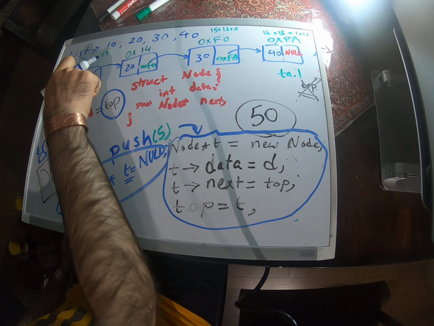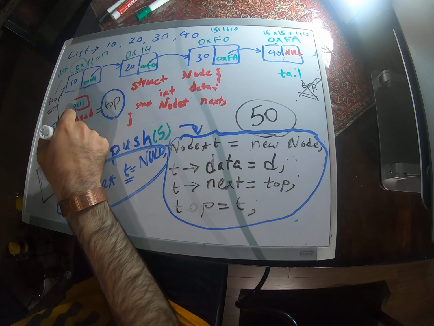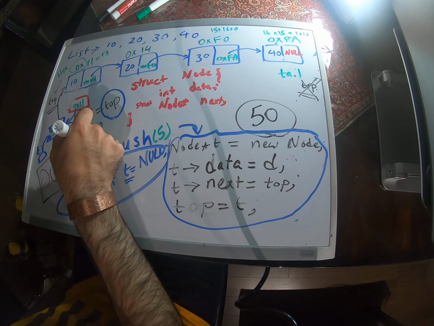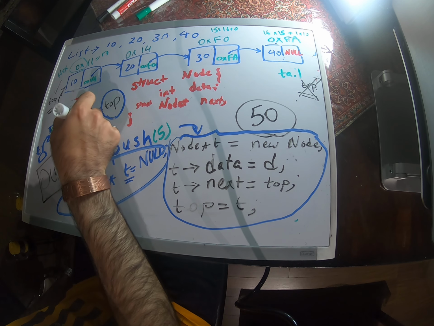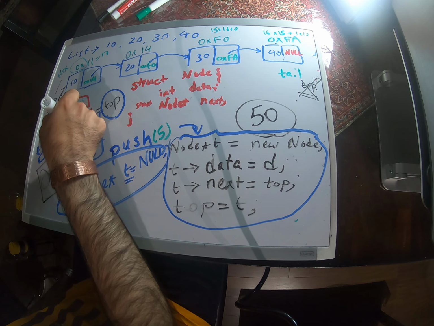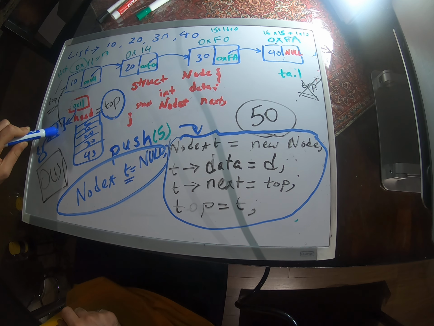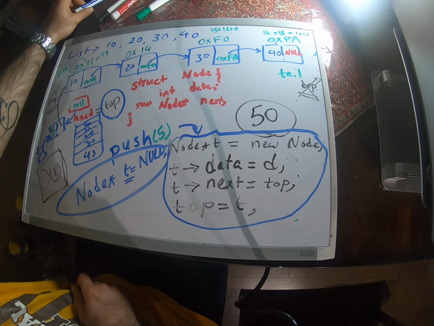That's basically what's going to happen. So we had, let's say, 40, 30, 20, 10, and now we have 5 on the top of the stack. The head of the linked list is the top of the stack. So that's how we can implement the push part.